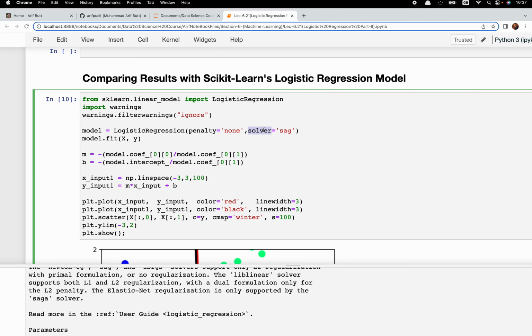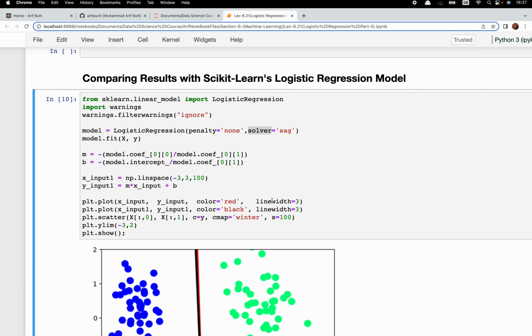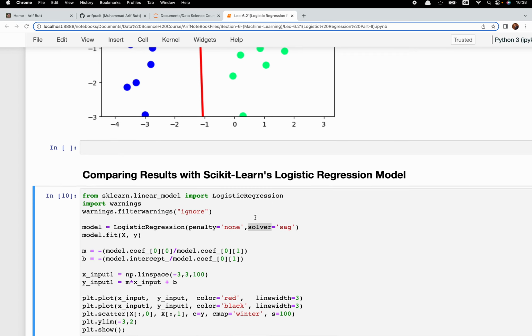The solver is actually the algorithm to use in optimization. And since I want to compare results of this logistic regression model with my basic vanilla flavor gradient descent algorithm, I am not doing any optimization. Okay, fine.